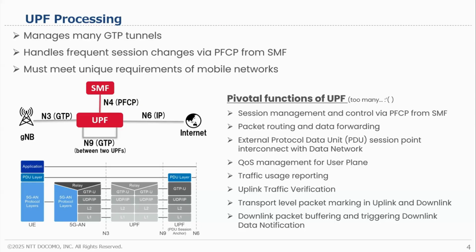In order to handle the GTP tunnel, UPF has to communicate with the SMF to receive the session information. And UPF also has various functions like this, such as QoS, packet counting, and packet reporting, that are unique to the mobile network.